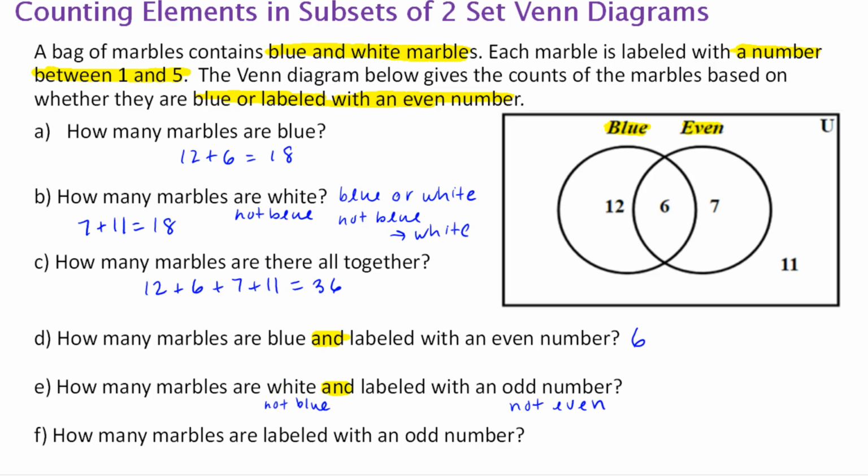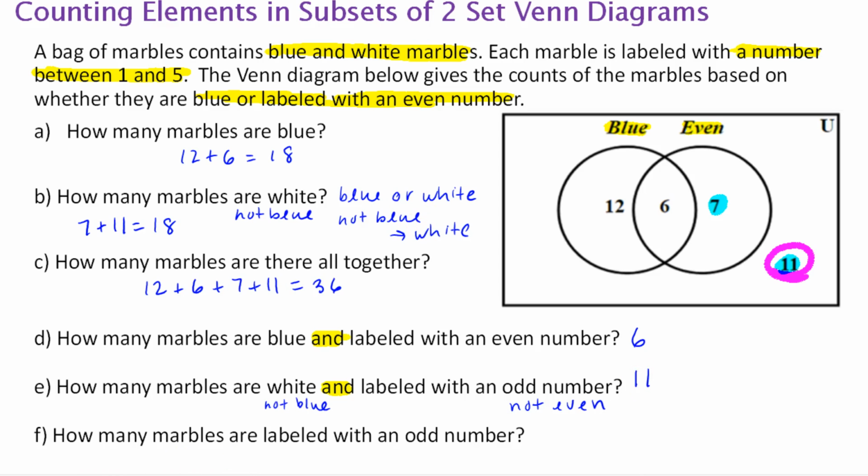Let's use a different color. So not blue, I'm ironically shading them blue. That was an accident. And then we want the ones that are also labeled with an odd number. That would be just these ones out here, because these 7 are even. So white and odd is not blue and not even, which is 11. There are 11 such marbles.